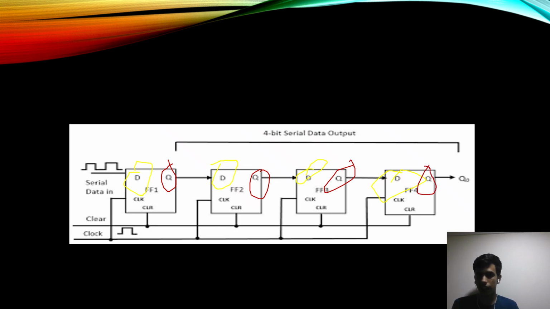See, they are connected in series, so this is known as serial input and serial output. The entering data is in series and the output data is also in series. So it is known as serial in, serial out.